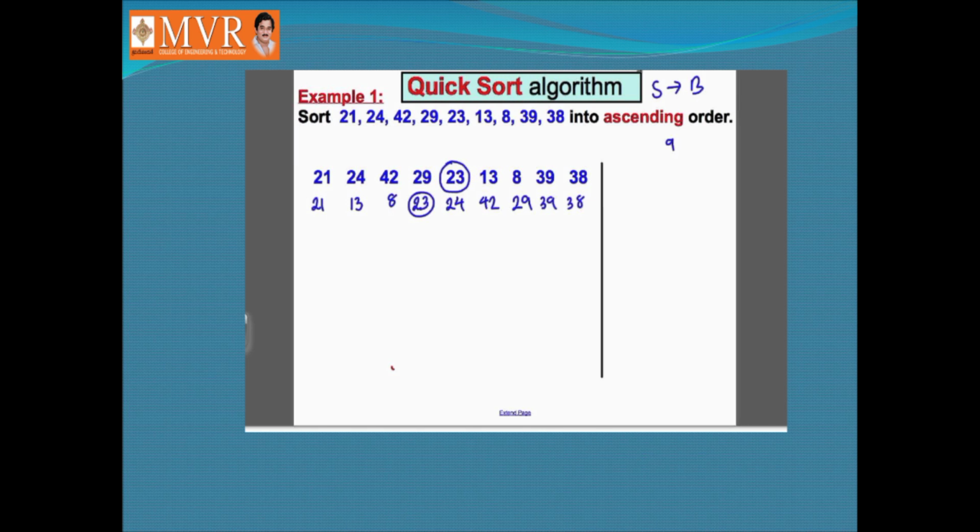First I compare my element 23 with 21. Since 21 is smaller, no swapping is required. Second, I compare 23 with 24. Since 24 is bigger than 23, the positions are interchanged.